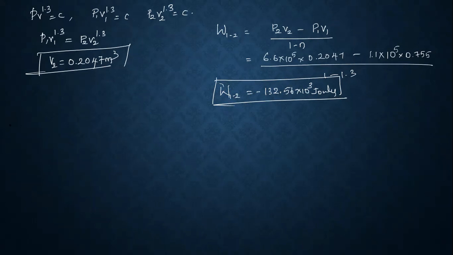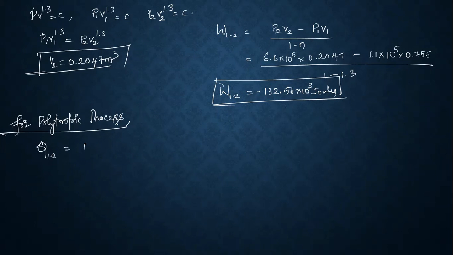Now, also we know for a polytropic process, Q1 to 2 is W1 to 2 times gamma minus n divided by gamma minus 1. Now, gamma we know here it is 1.4, but here it is ethane.